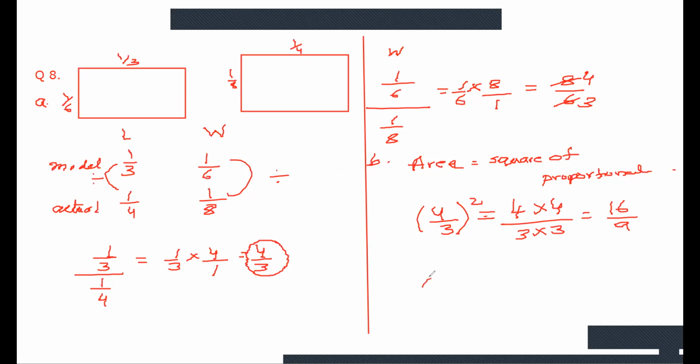If I write 5 square, what does this mean? This means 5 times 5. If I write 3 cube, power 3 means 3 into 3 into 3. Okay? This is basic. We know it.